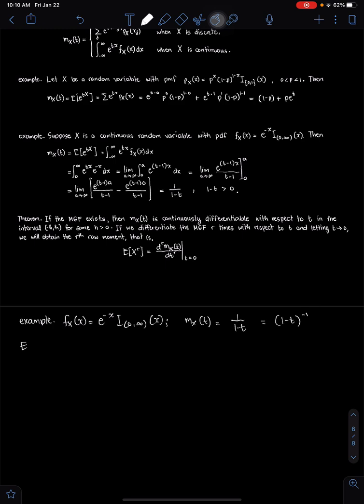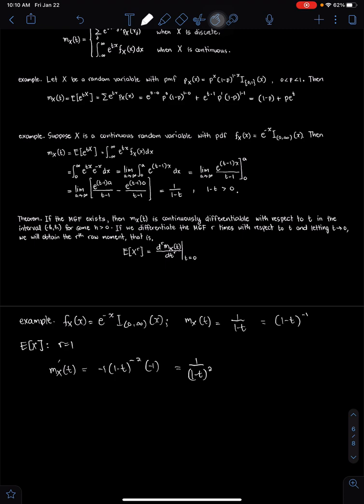If you want to get the first raw moment, so for the expected value, or the mean, r here is equal to 1. In this case, we just have to get the first derivative of M_X(t). So M_X prime of t is equal to negative 1 times (1 minus t) raised to negative 2 times another negative 1, or simply 1 over (1 minus t) squared.